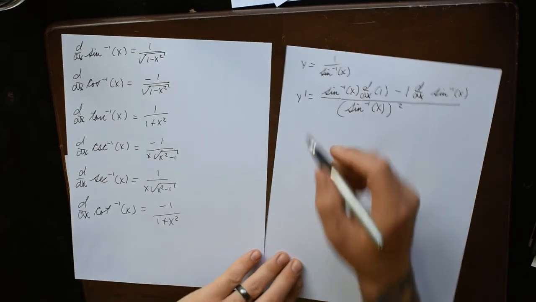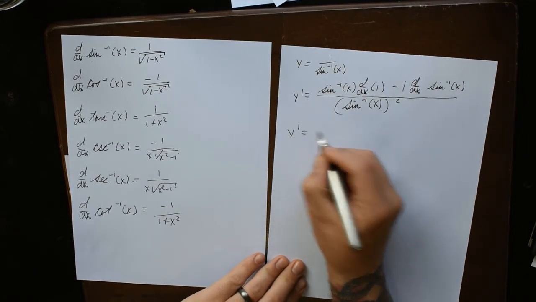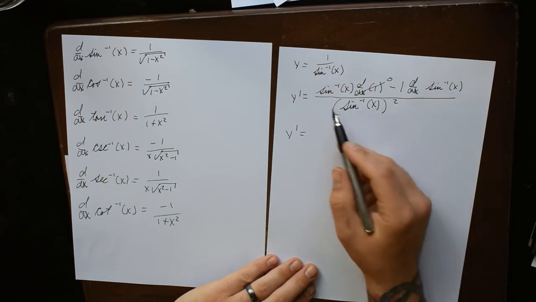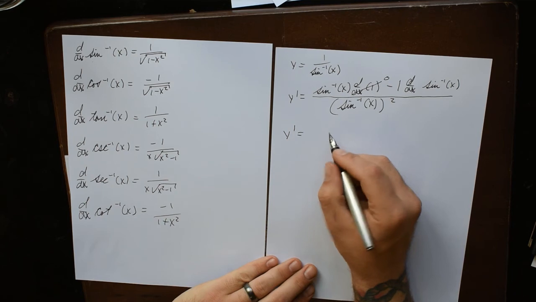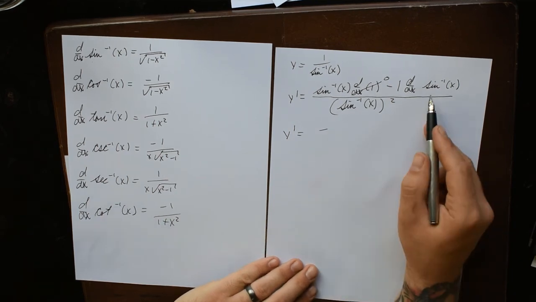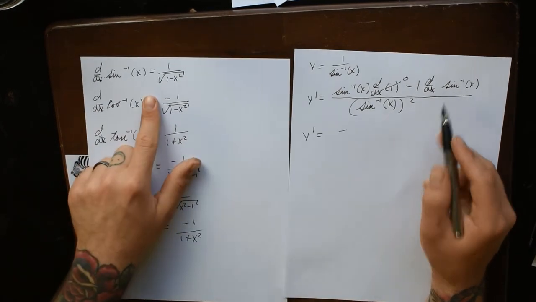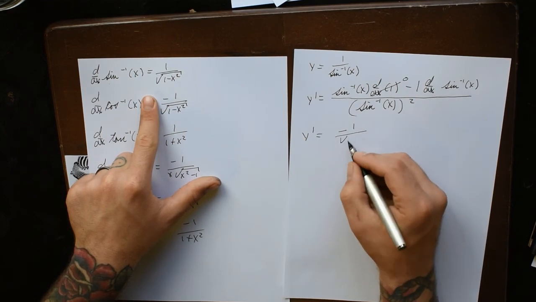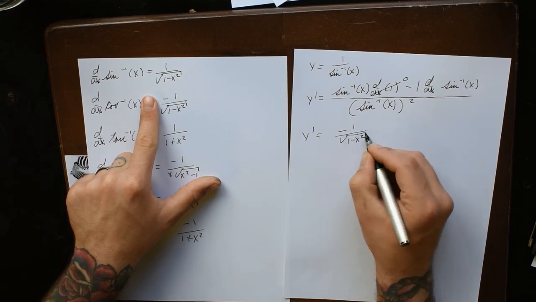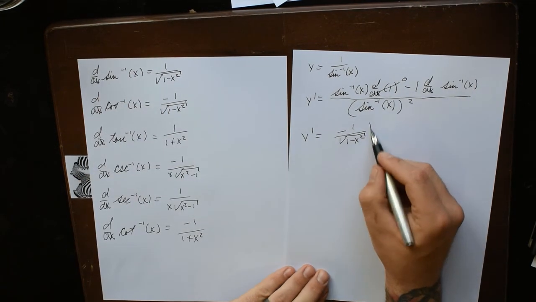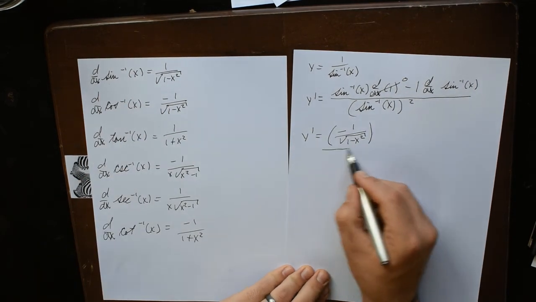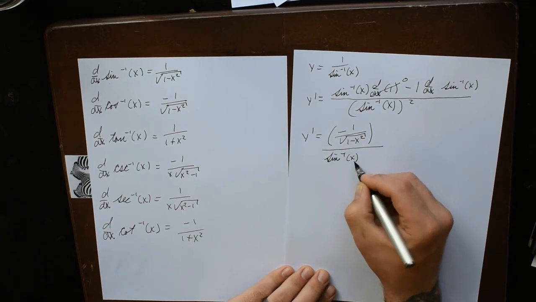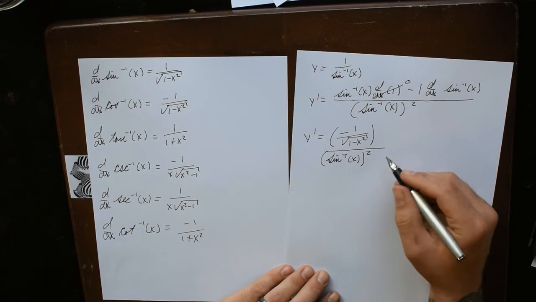So, y prime is equal to, the derivative of any constant is 0. So we get 0 minus, so we'll get a negative here. The derivative of sine inverse of x is negative 1 over the square root of 1 minus x squared. This is our numerator. This is still divided by our denominator. This is a compound fraction.